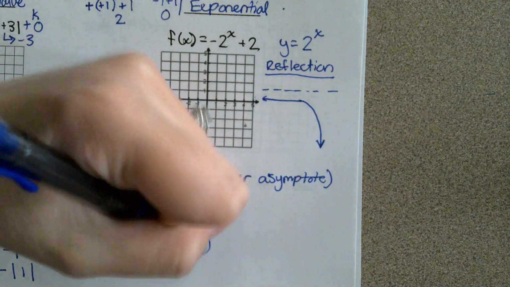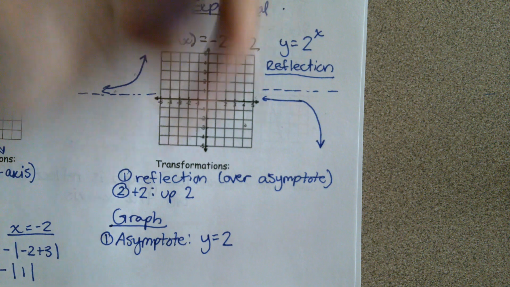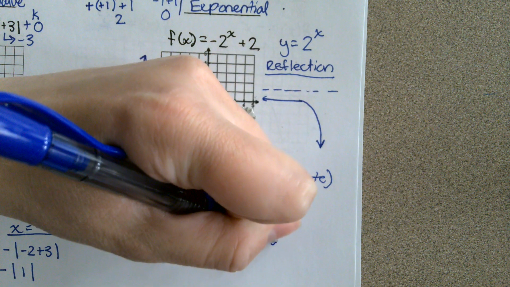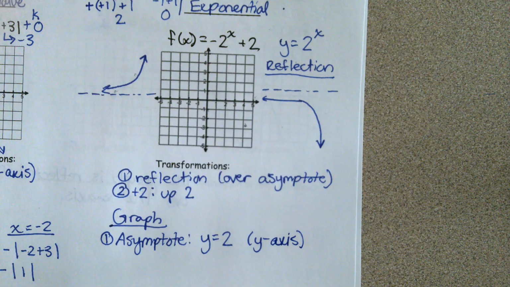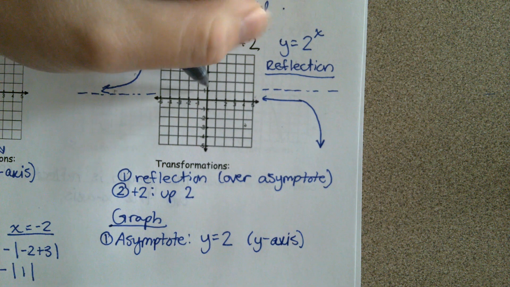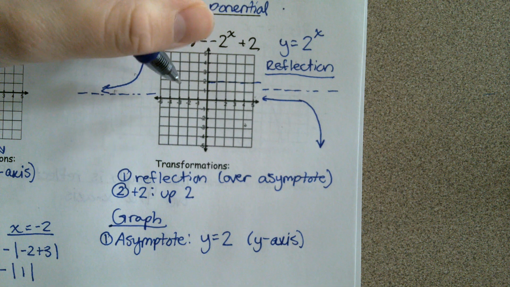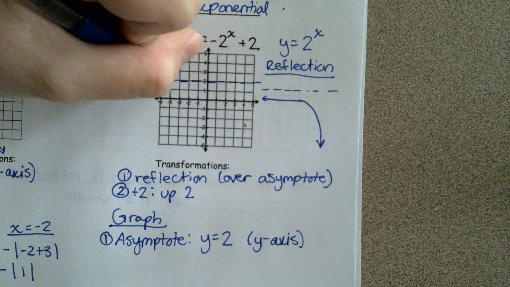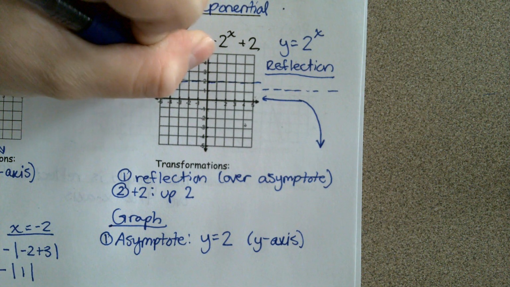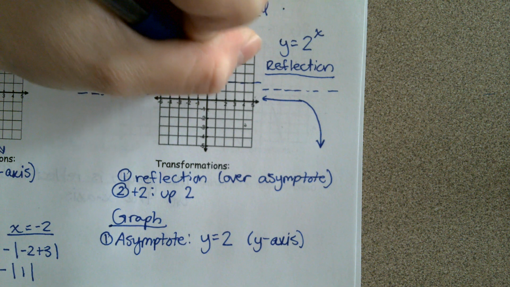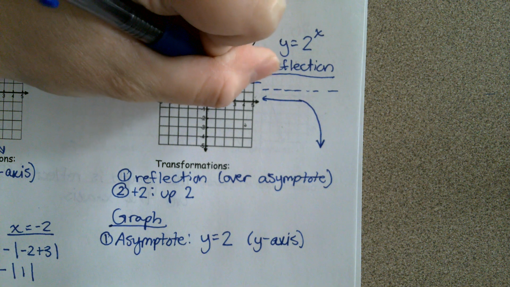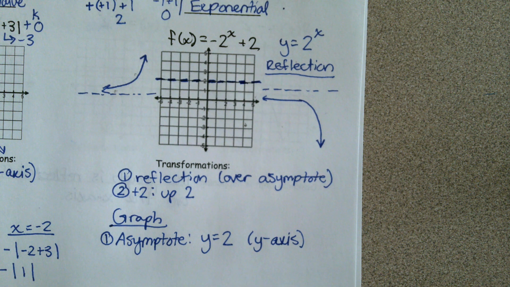So the asymptote is y equals 2. So you go to the y-axis and you find 2. It's right here. And you draw your dashed line through it. Just like so.